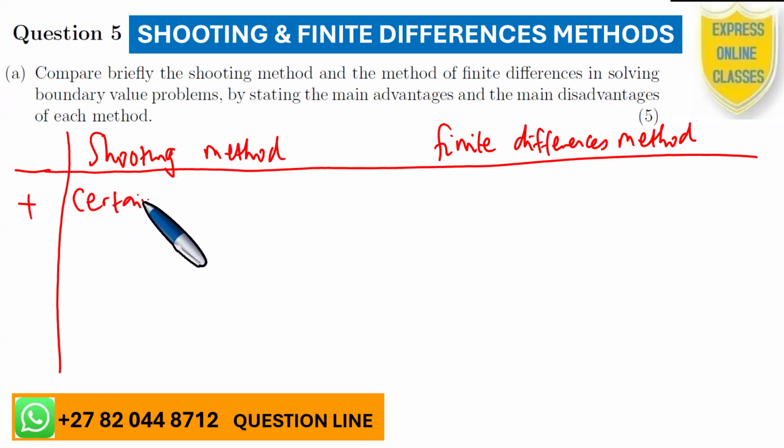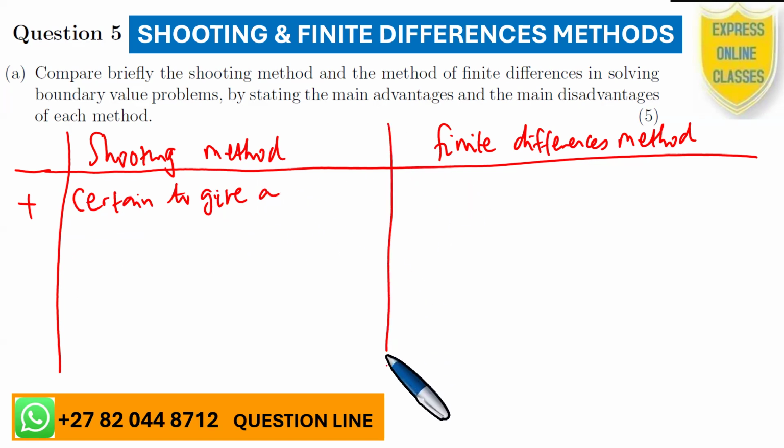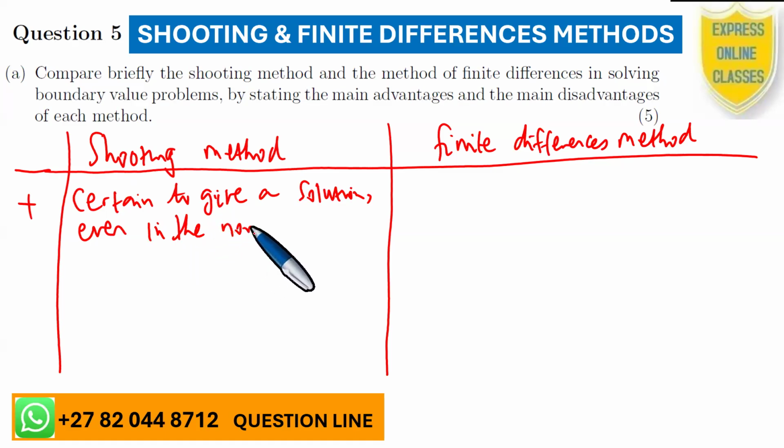The positives are that it is certain to give, or to yield, a solution. The shooting method is certain to give a solution, even in the nonlinear case.